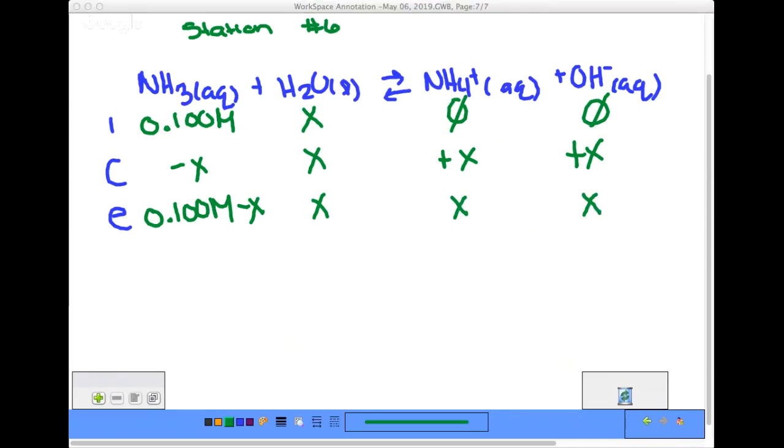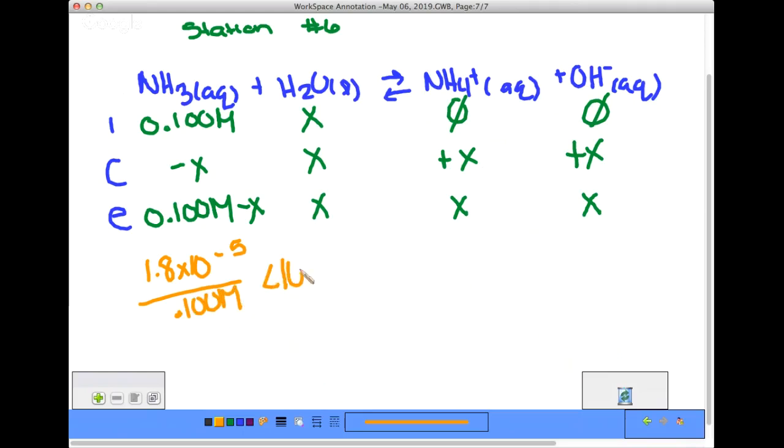Now, what is nice about this problem is that we are told our KEQ is 1.8 times 10 to the negative fifth. It's really small. So if we divide this by our initial concentration, we see that this is less than 10 to the negative 3. That's a really important idea because that's going to make our equilibrium equation a lot easier.